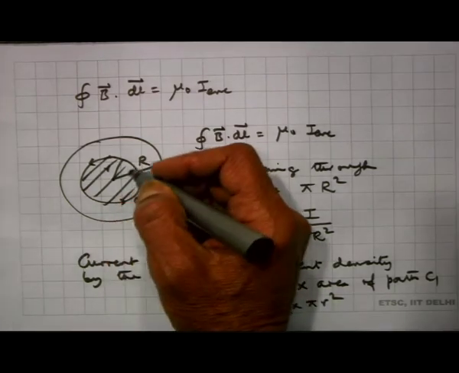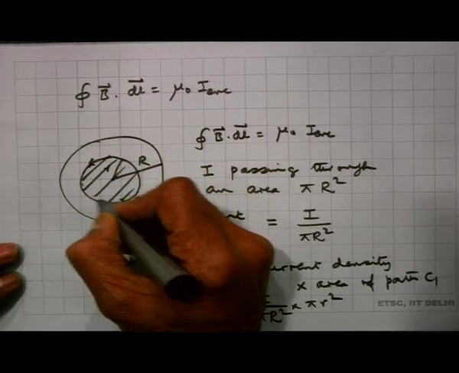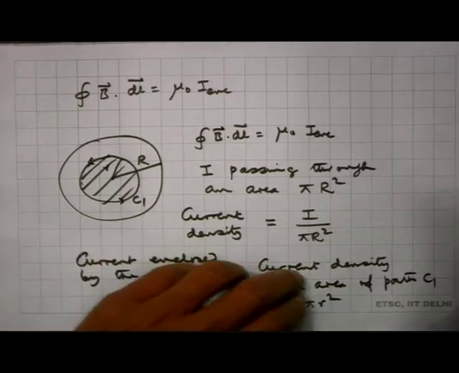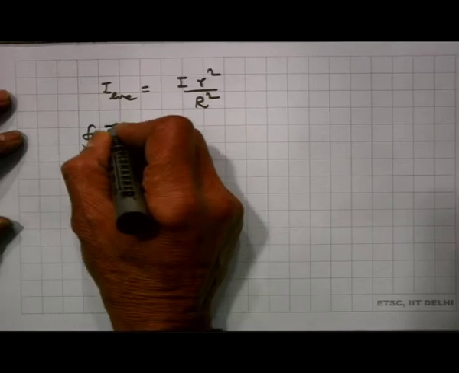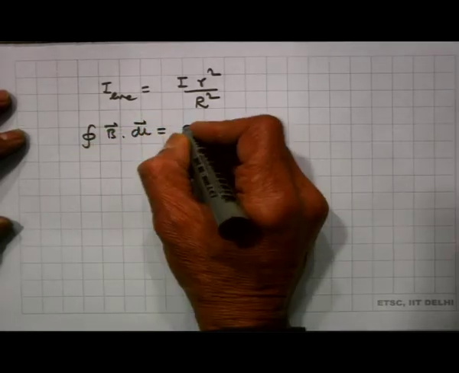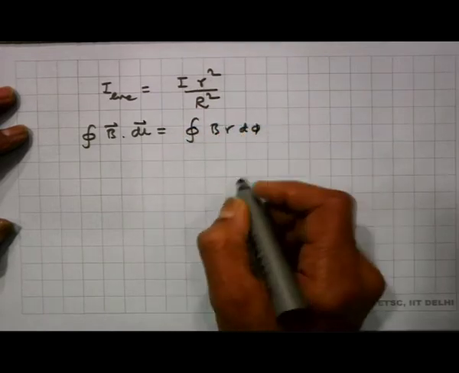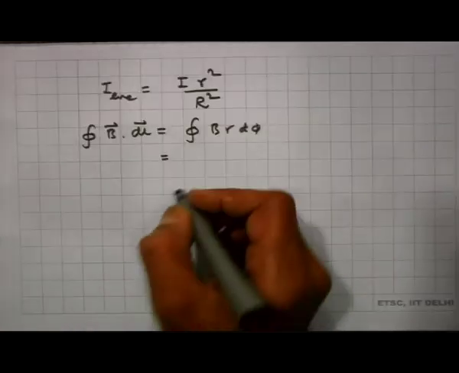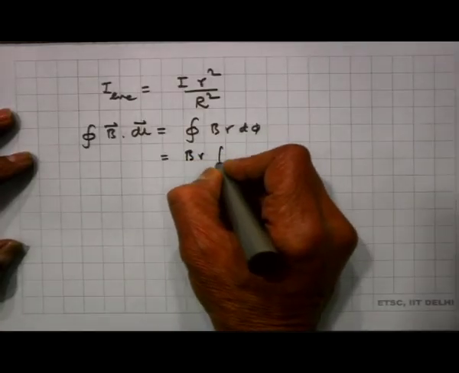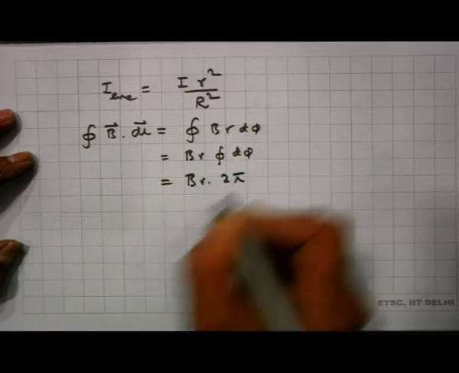Now, as I told you, the symmetry arguments tell me that the magnetic field is along the circular arc. So, the integral B dot dl will be equal to integral B r d phi, and because B is independent of the angle, the same at every point, this is nothing but B times r times integral d phi, which is B times r times 2 pi.